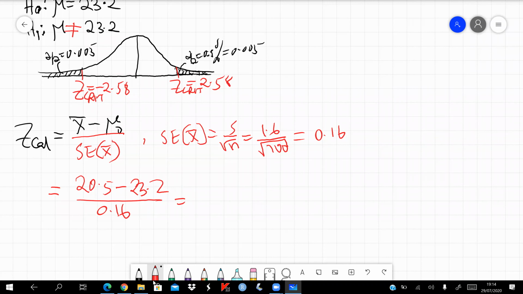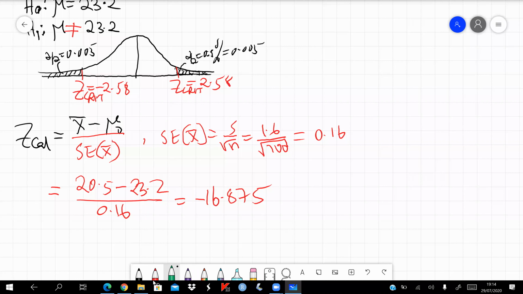So 20.5 minus 23.2 gives you minus 16.875. That's our Z calculated. So the next thing is to say whether this value falls in the acceptance region or in the rejection region. So we are now at step number 6.